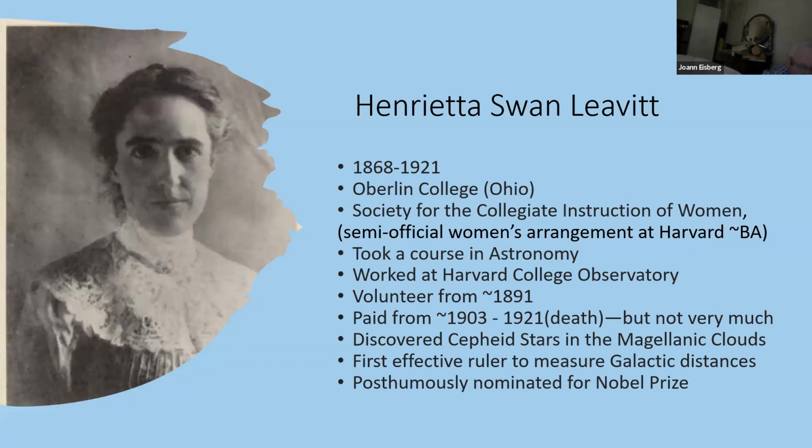So, the first effective ruler to measure distances across the size of our galaxy and somewhat beyond, and this was pretty impressive. She was posthumously nominated for a Nobel Prize, although they don't give the Nobel Prizes to dead people, so she didn't get it. Who knows? Maybe she wouldn't have gotten it anyway, but she was nominated.